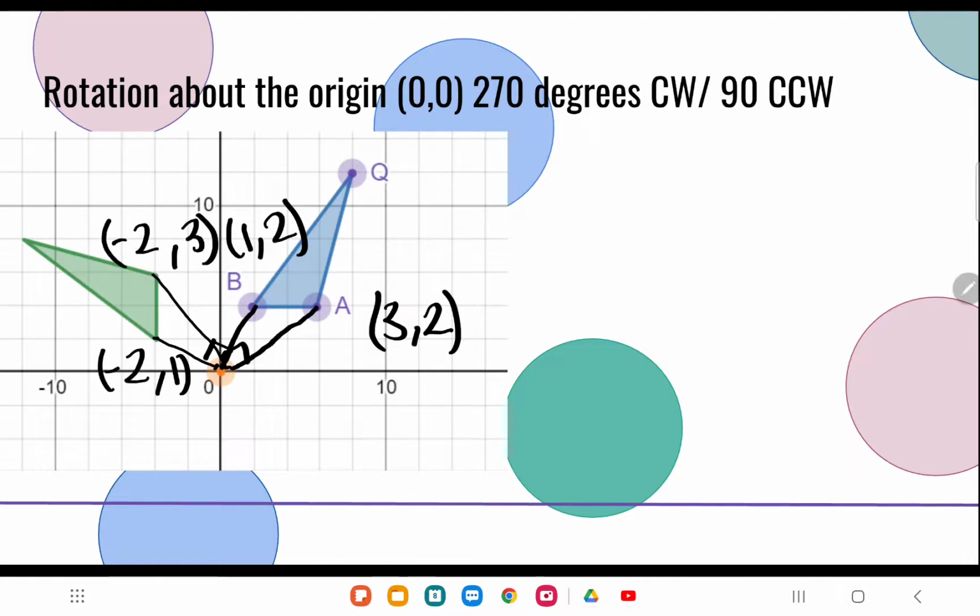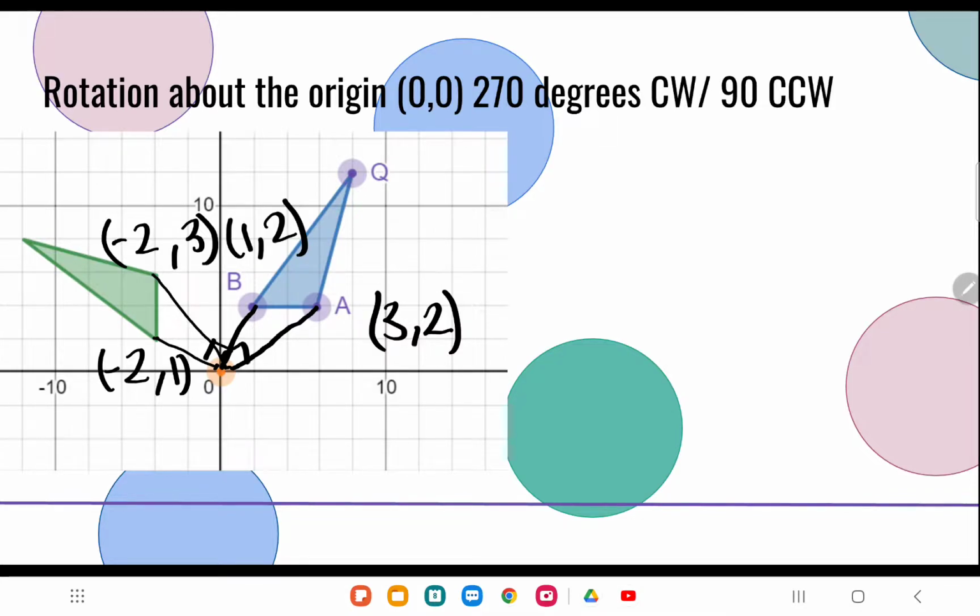So this is similar to what was happening in the 90 degrees clockwise, 270 degrees counterclockwise rotation, where I was flipping the order of the coordinates and one was changing to the opposite. However, in this case, it is changing in the new x coordinate position.